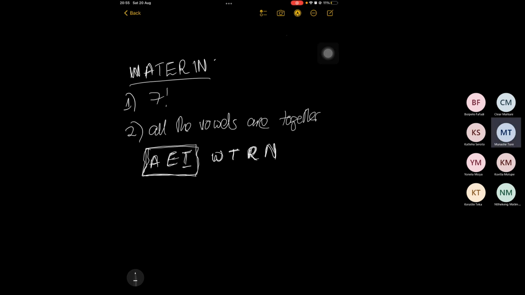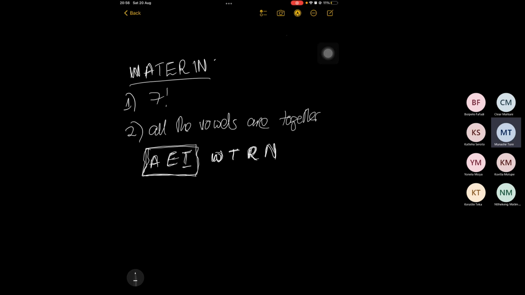We have vowels and consonants. Then you ask, in how many ways can you arrange the letters in this word in such a way that all the vowels move together? So what this means is you consider A, E, and I as one thing, as one letter.